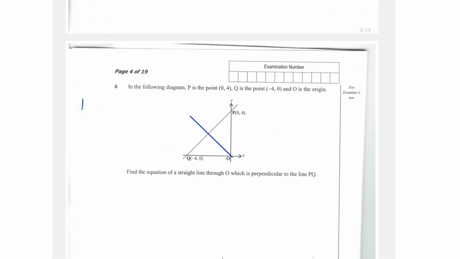So I'll name the first gradient as M1, which will be equal to Y2 minus Y1 over X2 minus X1. We have been given points which lie on this line PQ.